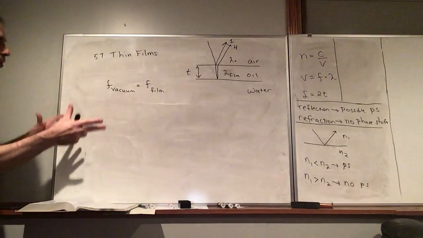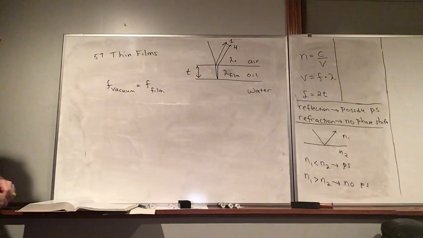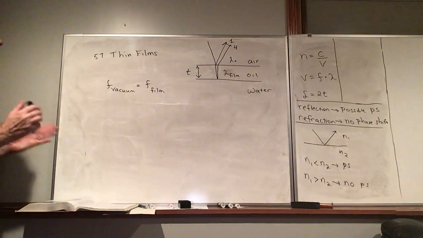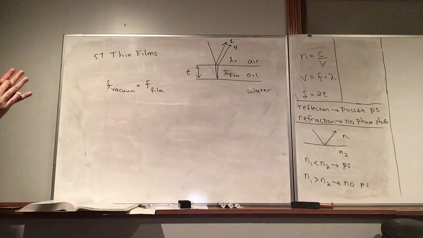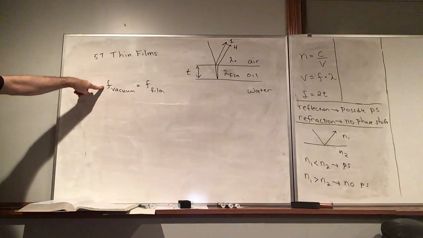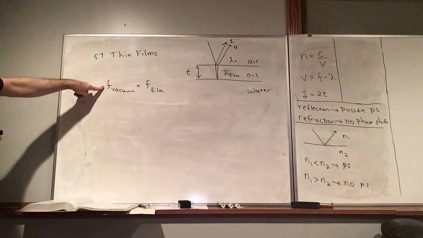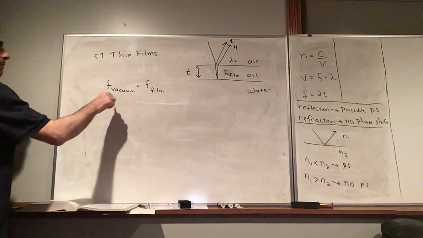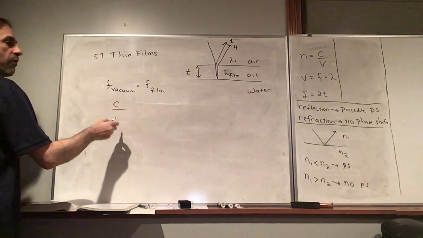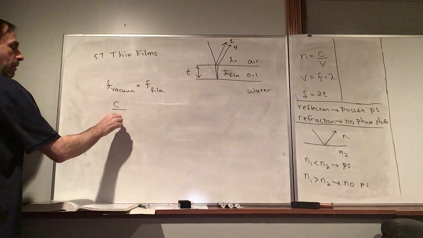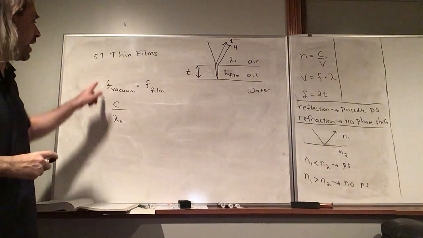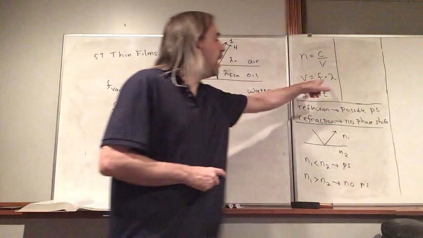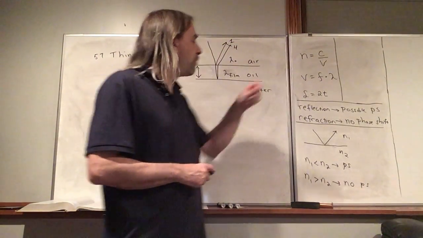But for what we're doing, air and vacuum are essentially the same thing. Now, the frequency in the vacuum would be the speed of light over the wavelength in a vacuum. So again, frequency would be the speed over the wavelength.